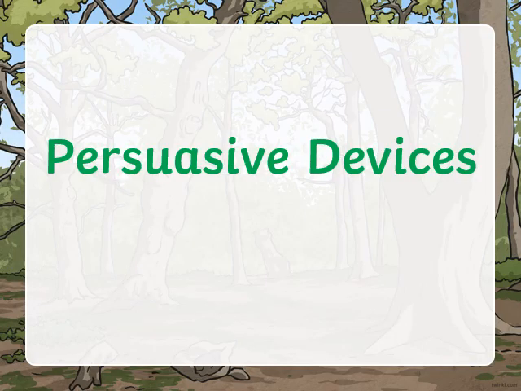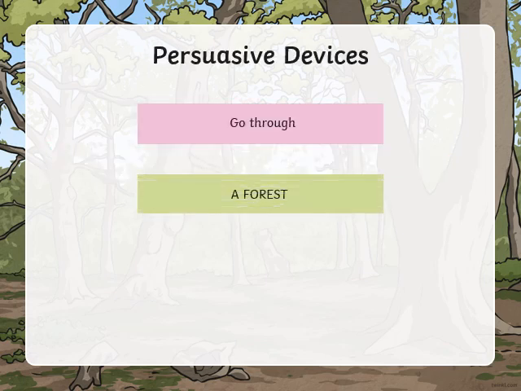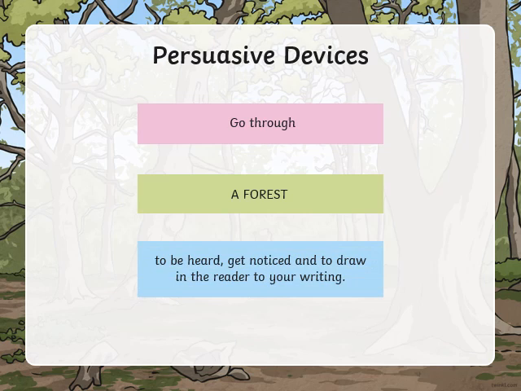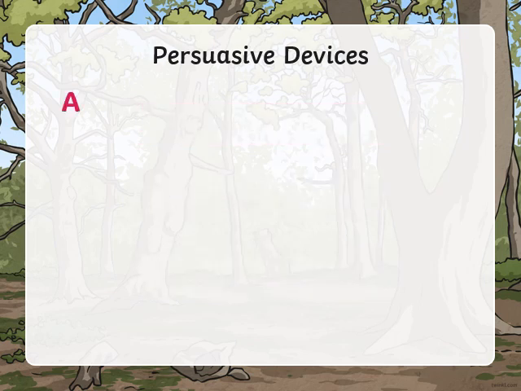Persuasive devices. How to use language to persuade and convince your reader. Here we have what's called the FOREST technique. You have to go through a forest to be heard, get noticed, and draw the reader in to your writing.